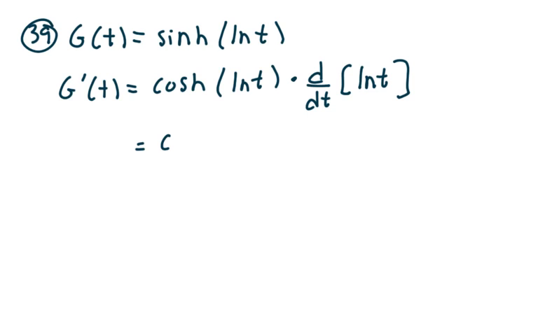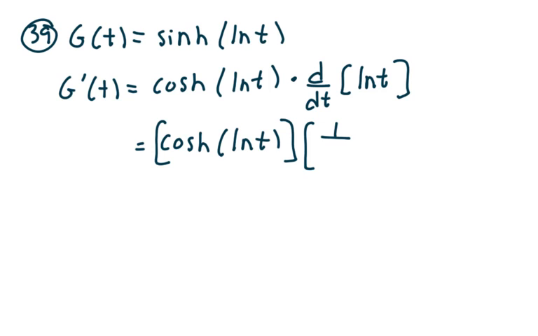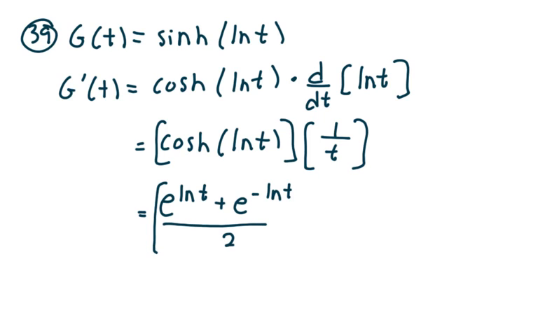So this is cosh of natural log of t, and I'm going to multiply it by 1 over t. And so this is e to the natural log of t plus e to the negative natural log of t, divided by 2, and I'm going to multiply by 1 over t.